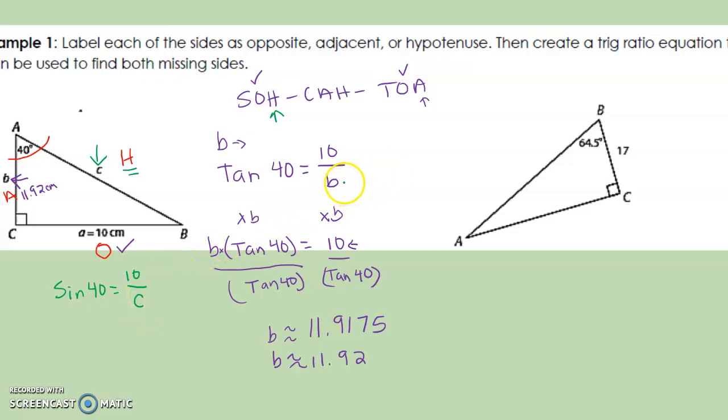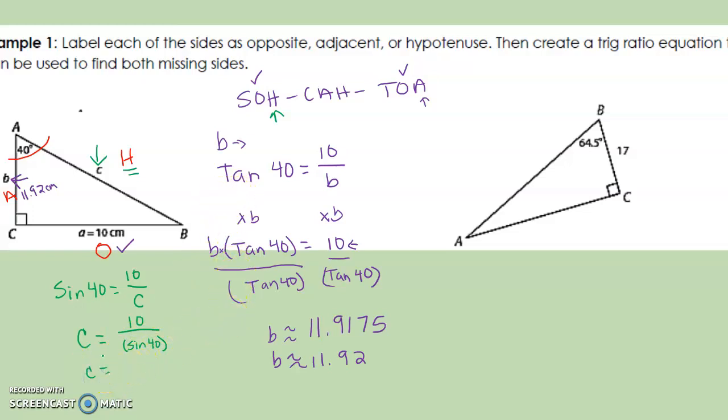Now notice our variable down here, B, was in the denominator as well. I'm going to end up following all the same algebra where I multiply by C on both sides and then turn around and divide by sine 40. So I'm just going to shortcut this. C is going to be equal to 10 divided by sine 40. And you can follow this math over here to figure out why that is.